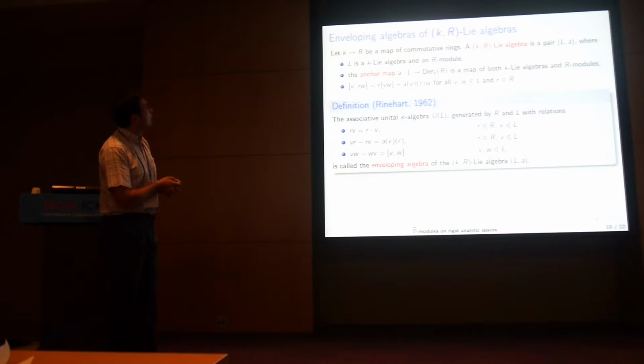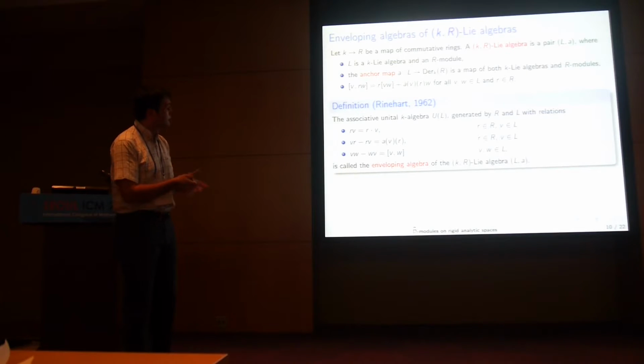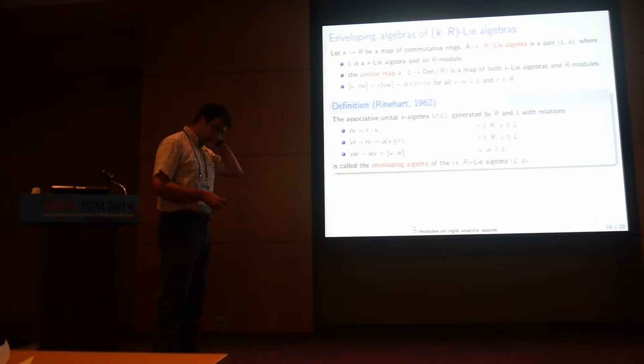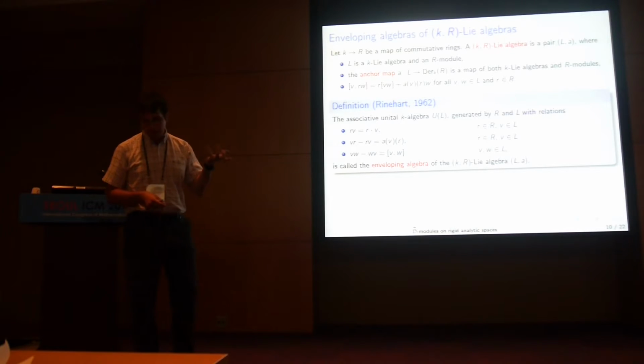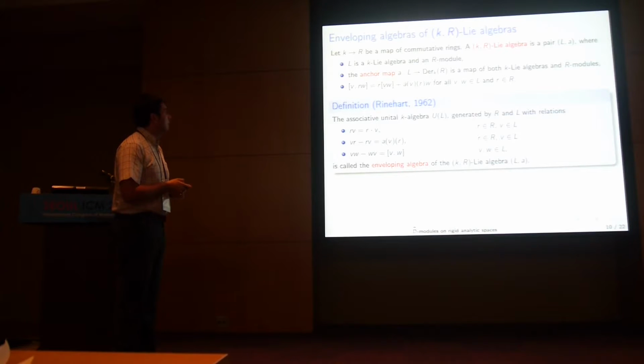Okay, well, what you can do with this gadget is you can take its universal enveloping algebra. So this is a more general construction than just taking the universal enveloping algebra of a Lie algebra over a field. So it's basically generated by R and L as an associative unital K algebra satisfying natural relations.